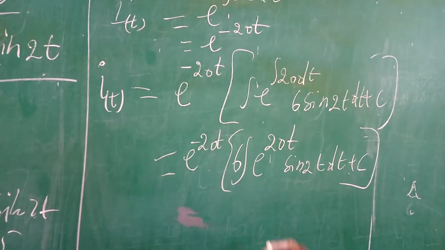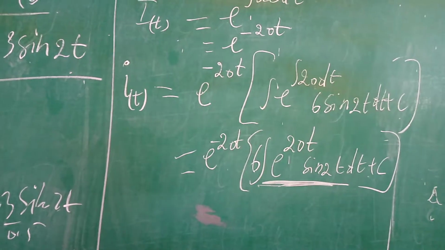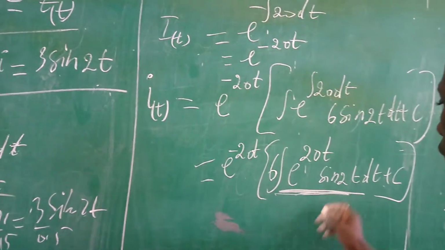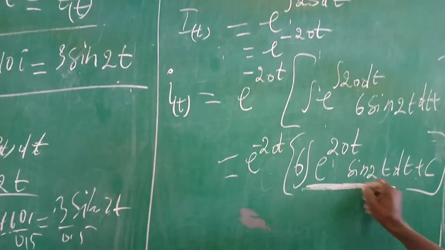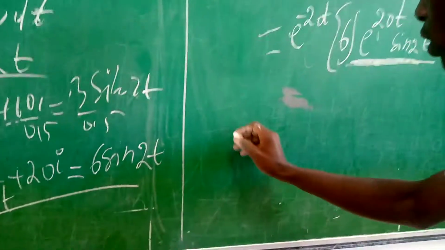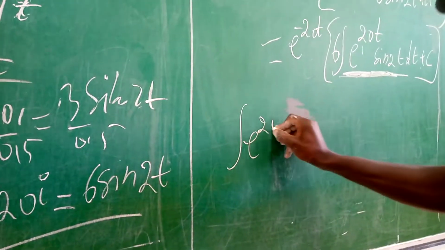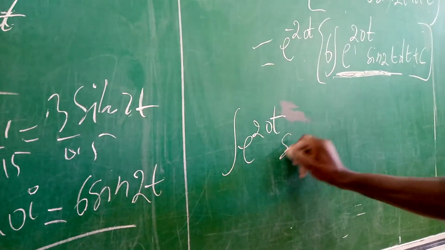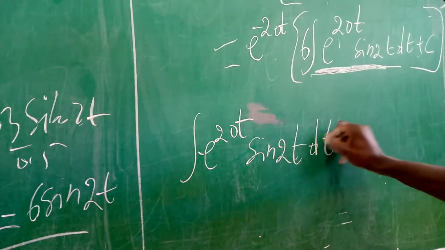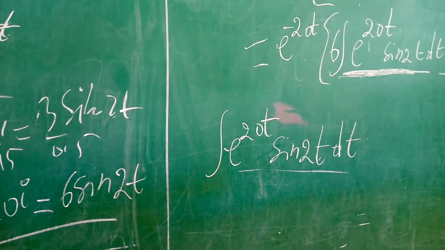And then we are going to do this using integration by parts. So how do we solve this integral? Let's first do the integral of e to the power 20t sin 2t dt. We have to use integration by parts.